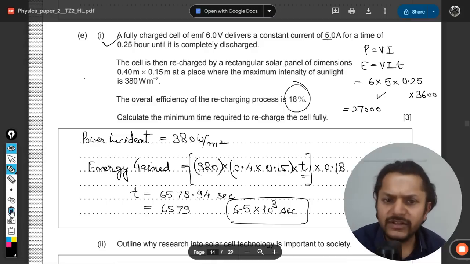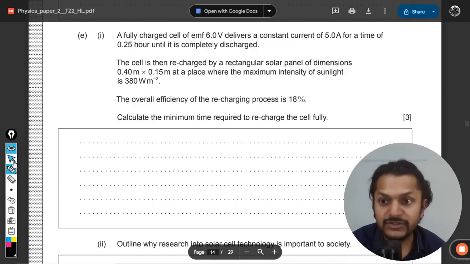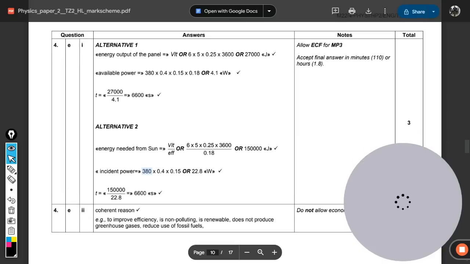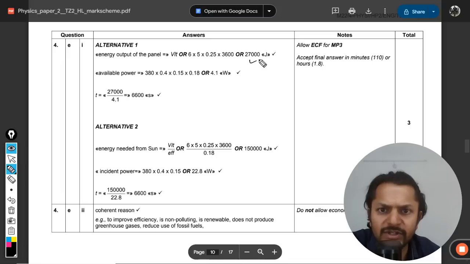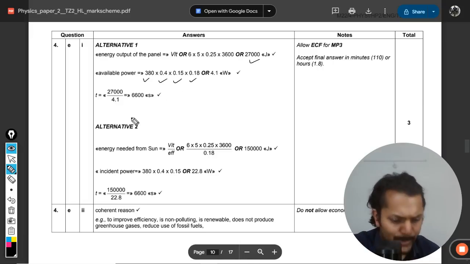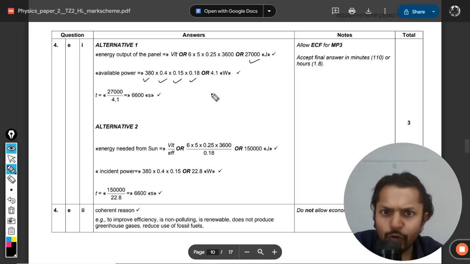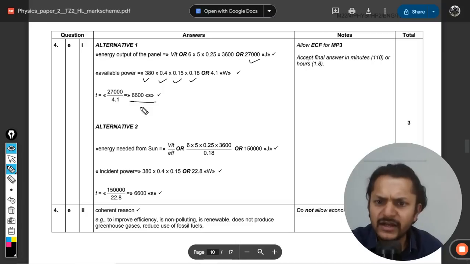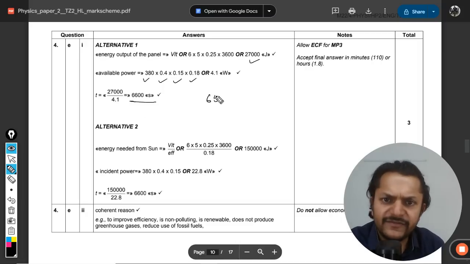And let's see what is the answer given by IB in the mark scheme. 6.5 into 10 raised to power 3. Okay, energy output of the panel is 27,000, exactly what we did. 380 multiplied by the area multiplied by 0.18, and this is divided by 0.4. They are getting the answer as 6600. Yeah, approximately correct. We are getting 65 something.